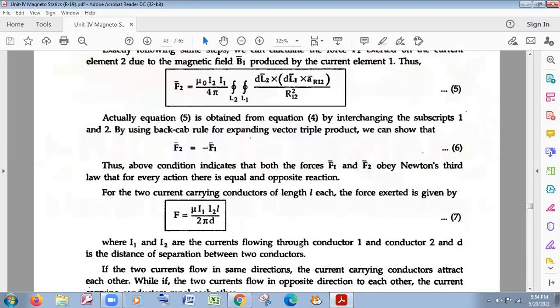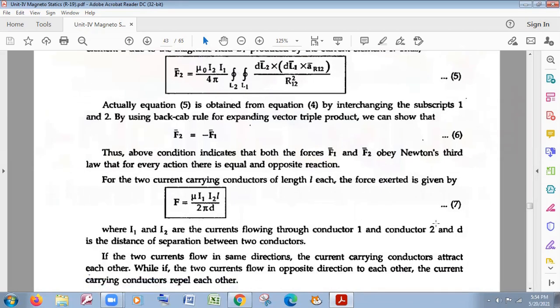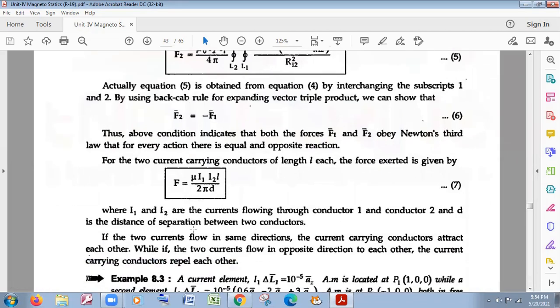Where I1 and I2 are the currents flowing through conductors 1 and 2, and D is the distance separating the two conductors. The distance is the same, whether from 1 to 2 or 2 to 1.